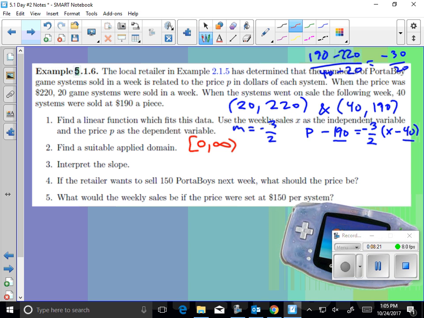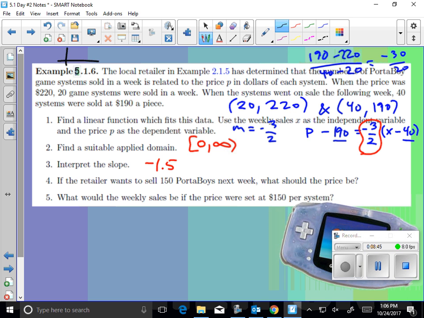Interpret the slope. What does this negative 1.5 mean? Well, let's look at a sketch here real quick. Let me sketch this.